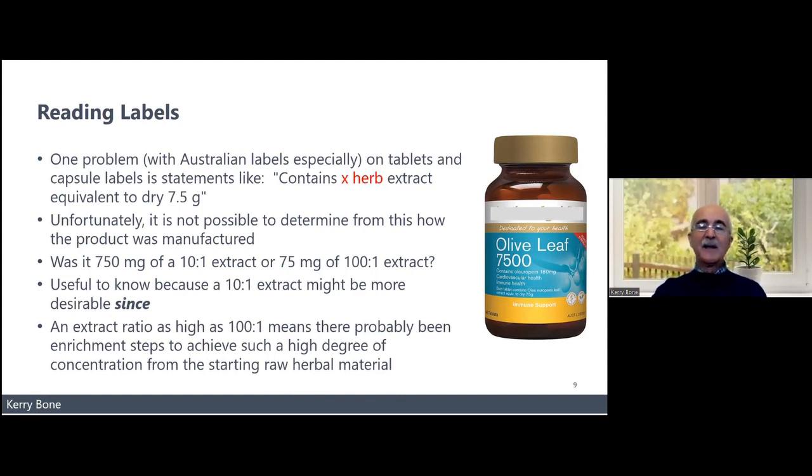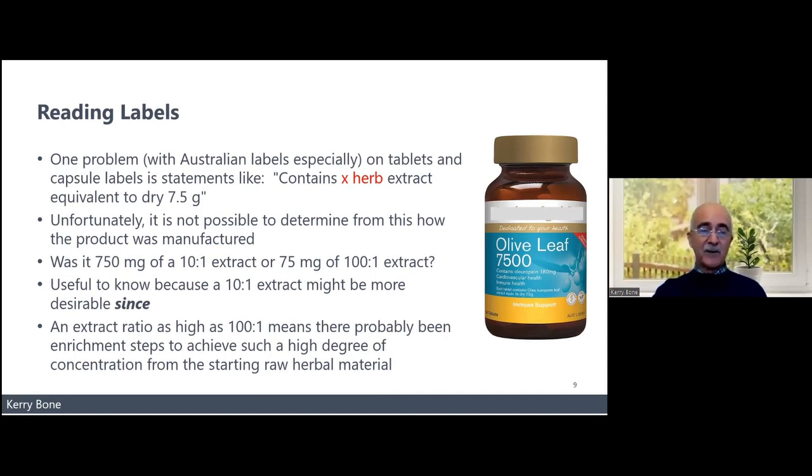Anything higher than that suggests there's been some sort of extra processing of that extract. And that's fine if it preserves chemical complexity and there's clinical data to support that specific extract. But sometimes there's not, and it does raise a question mark in those cases.